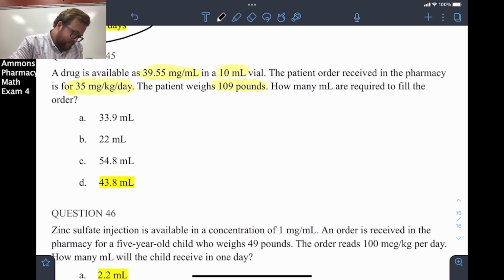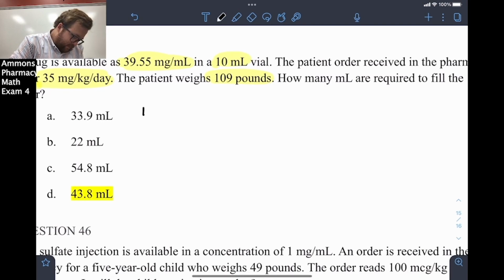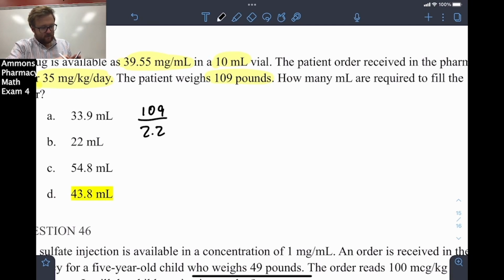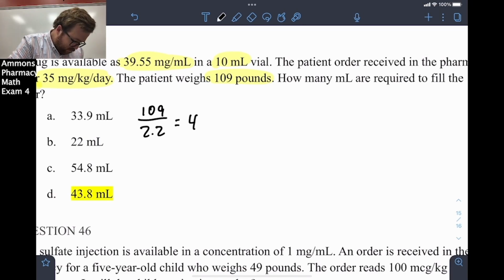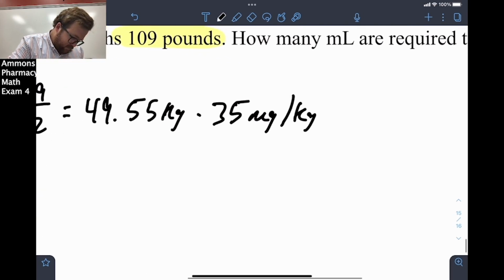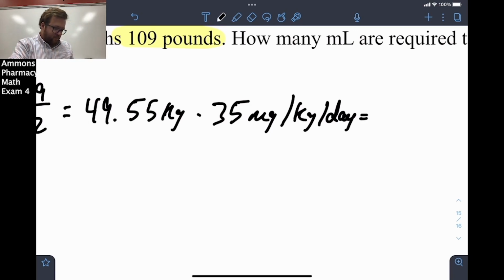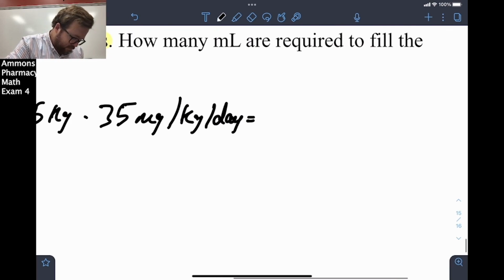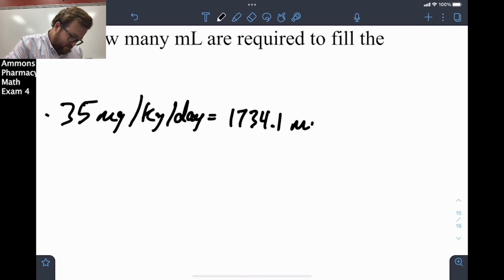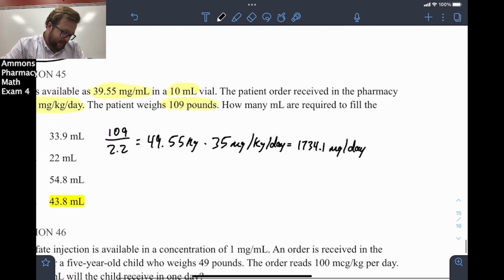They weigh 109 pounds. 109 divided by 2.2. That's how many milligrams he needs in a day.